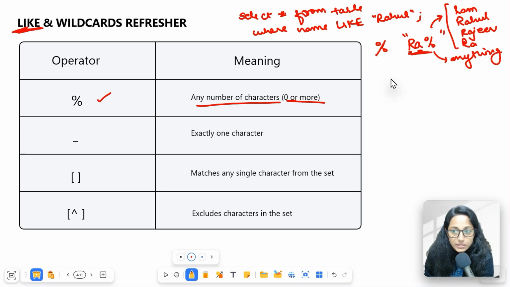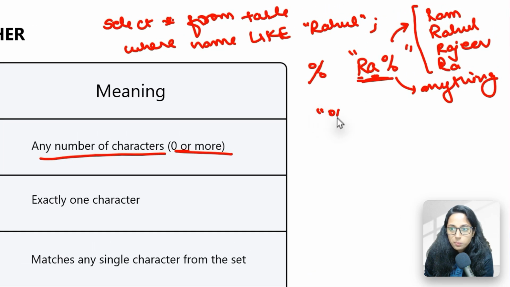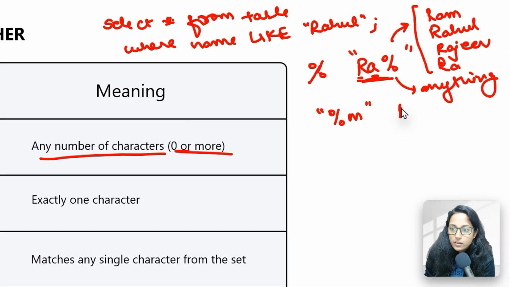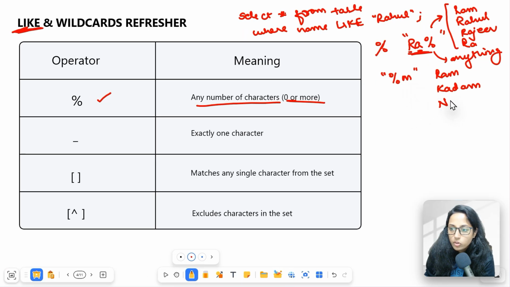The percentage can also come in front. So if I say percent and the name should end with M, for example Ram or Kadam or Naman, anything ending with M we want.